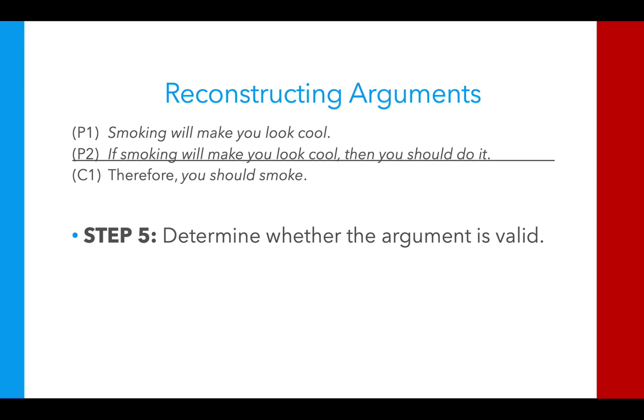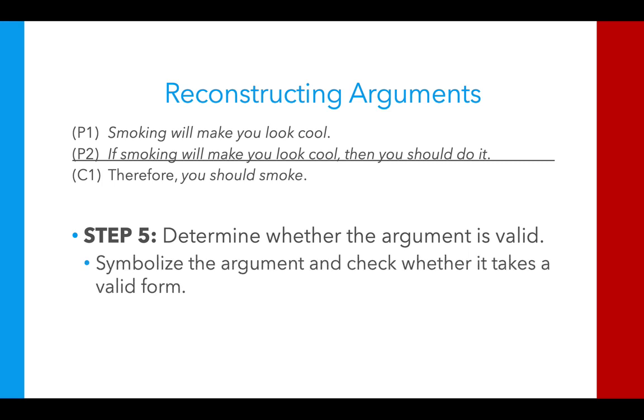Now the final step is to determine whether the argument is valid. To do this, we want to symbolize the argument and check whether it takes a valid form. So here I put C for premise 1. Smoking will make you look cool. Again, that's not an if-then claim, it's just a claim about smoking.